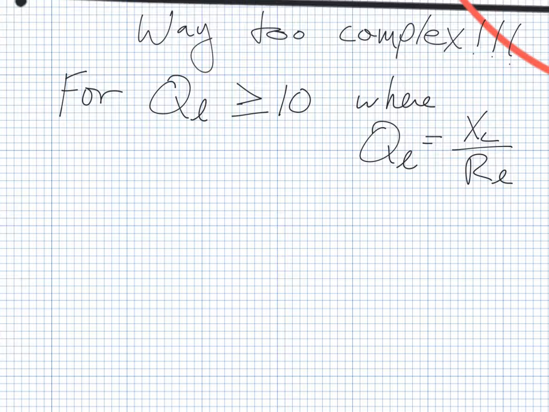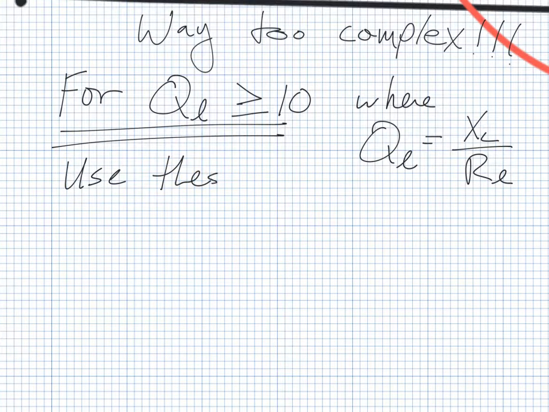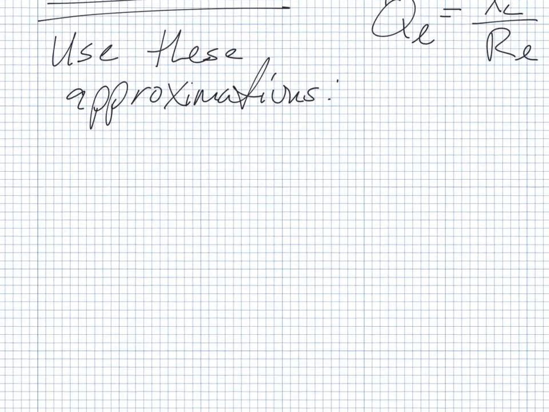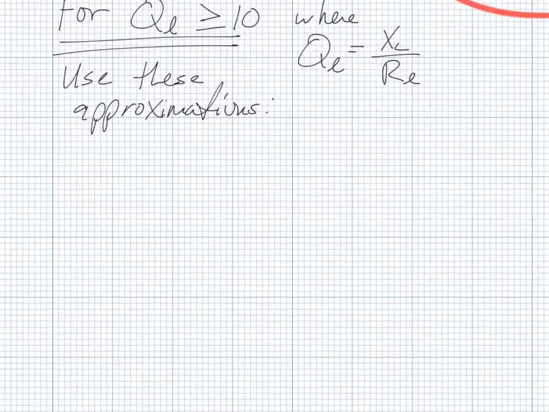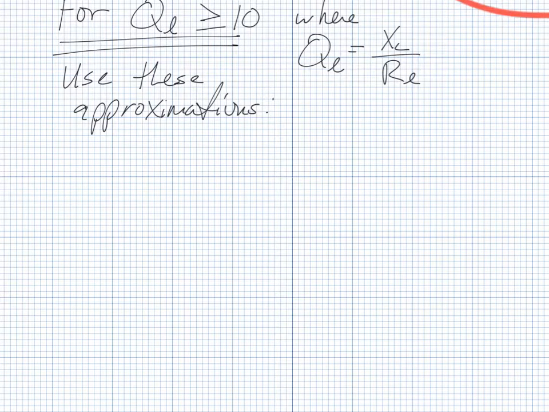If this is true, use the following approximations. We're going to say the reactance of the parallel inductor is approximately equal to the reactance of the inductor in the original circuit.